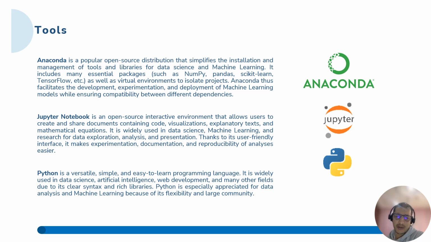It's also an open source interactive environment that allows users to create and share documents containing code, etc. And finally, we'll use some Python code. Python is a versatile, simple, and easy to learn programming language. It is widely used in data science, AI, web development, etc.